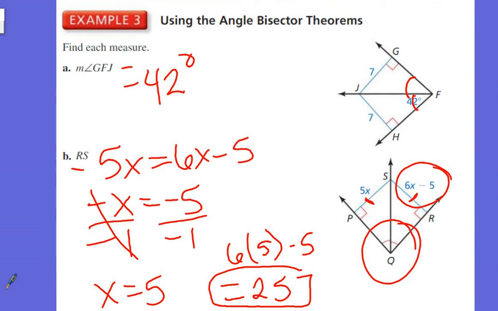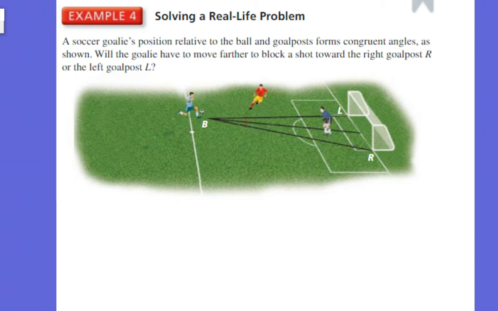Let's do one more where it's a little bit more application-based problems. It says a soccer goalie's position relative to the ball and the goalpost forms congruent angles as shown. Will the goalie have to move farther to block a shot toward the right goalpost or toward the left goalpost? So what we're saying here is this guy's about to take a soccer shot.